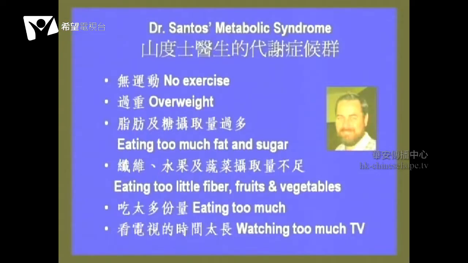So if you have one of these problems, you are on the way of metabolic syndrome.